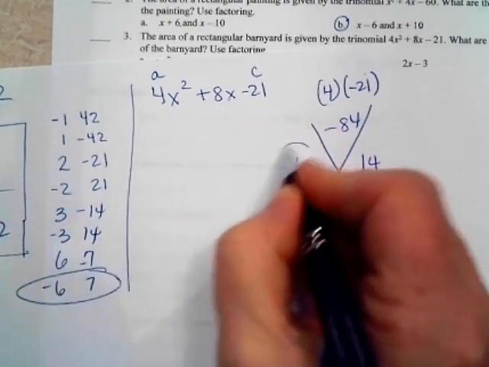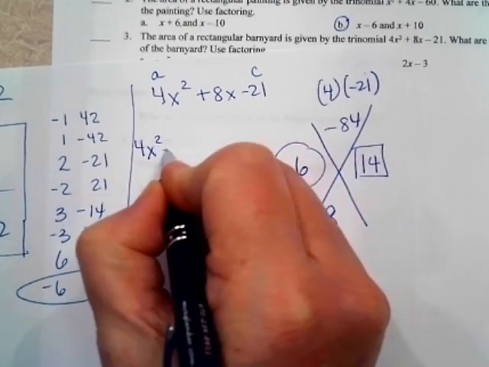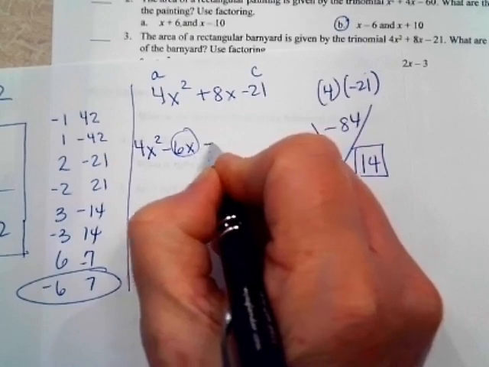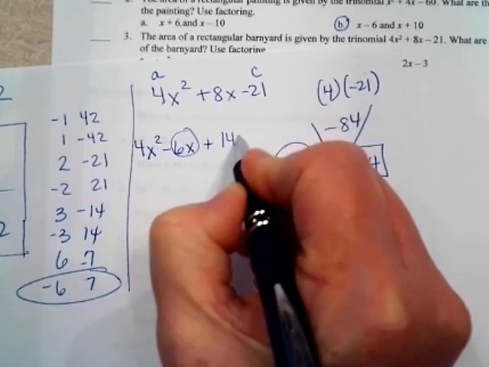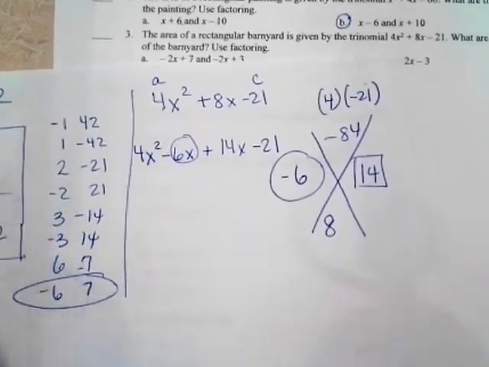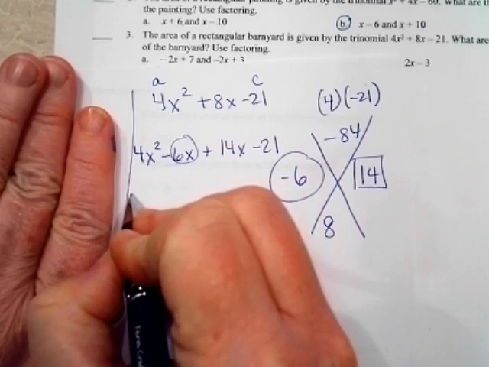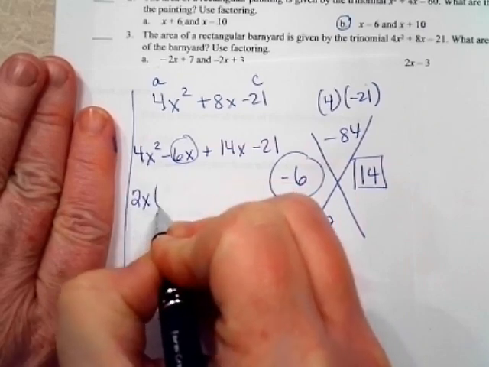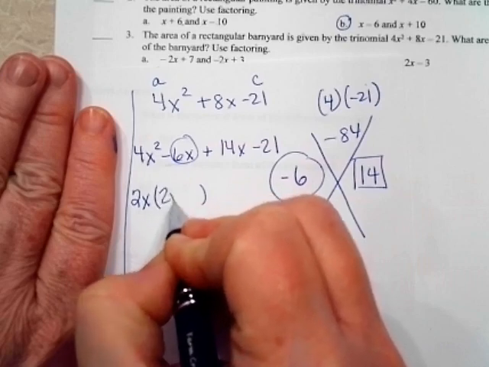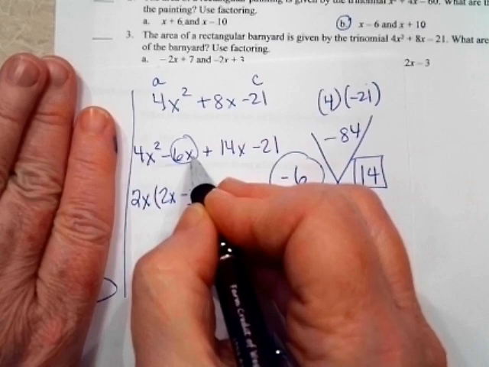Now here's the next step. 4x squared minus 6x, that's what's in the circle, I need the minus in there with it, plus 14x minus 21. Then you need to focus on these, factor out the common part, which is 2x. So 2x times 2x gives you 4x squared. 2x times 3 is going to give you 6.